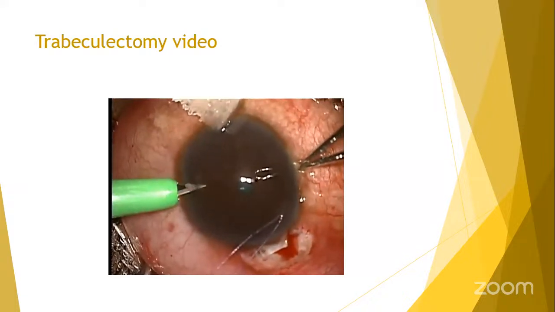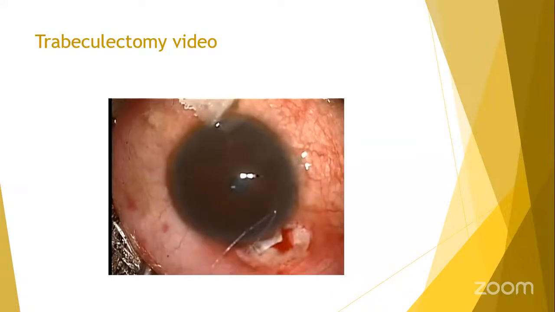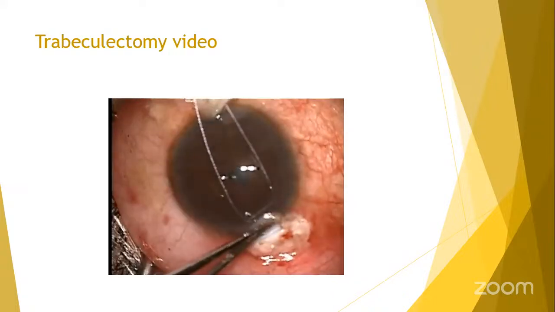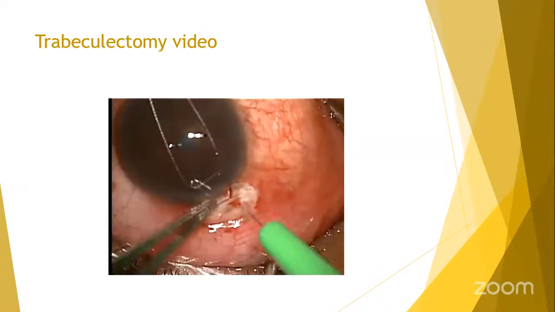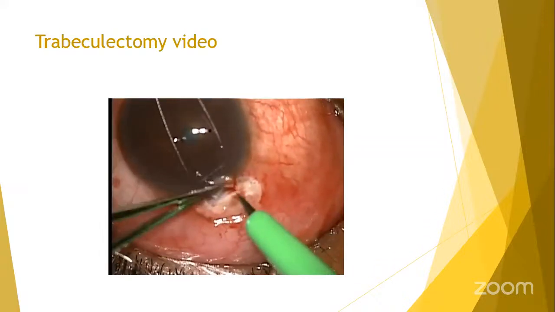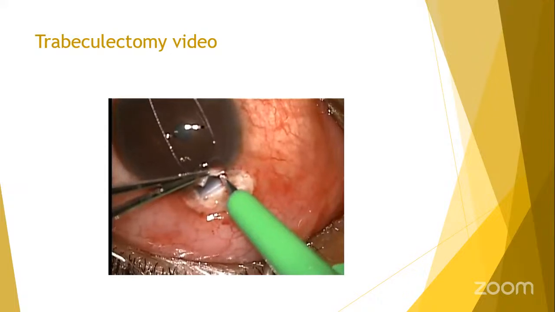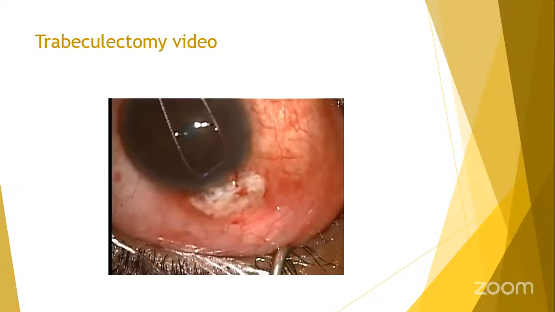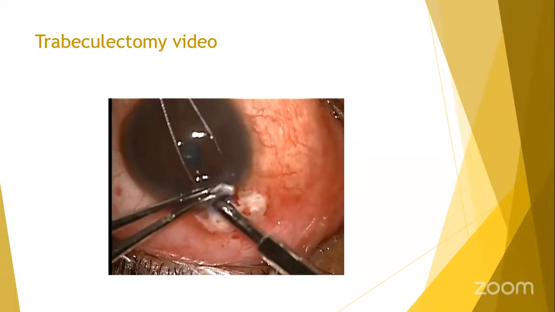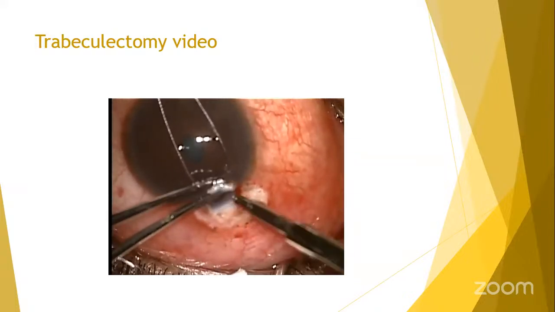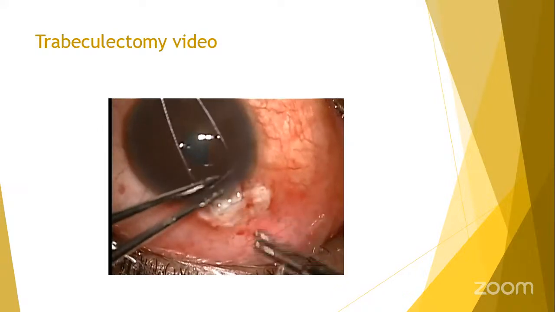Then he now does the side port. And then he's just using the side port blade. He makes the AC entry and then uses the Kelly punch to do the sclerostomy.